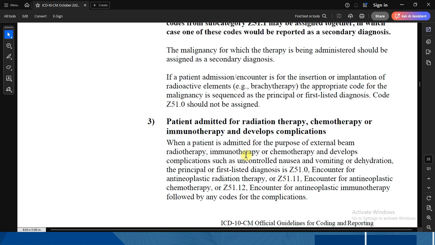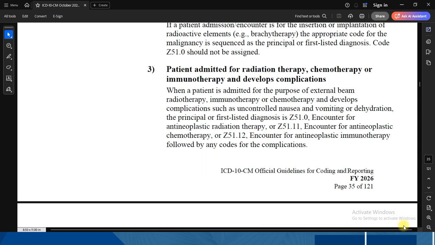Next one, the patient is admitted for radiation therapy, chemotherapy or immunotherapy and develops complications. The patient is having breast cancer again, and today came in for antineoplastic radiation therapy. At that time we will code Z51.0.